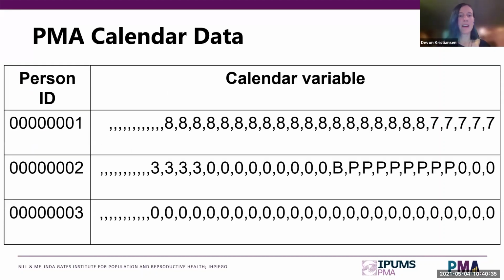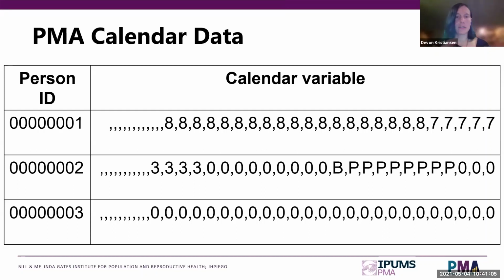I find it really helpful to look at what the data look like. Dana already showed you an example from Kenya. I also wanted to show an example from Burkina Faso. I took a few records from some of the women just to show you that some of the PMA calendar variables have some leading commas, just so that you're aware that those represent some future months.